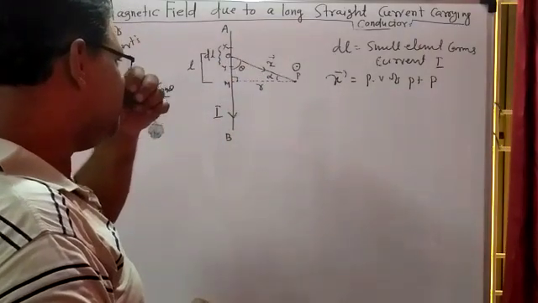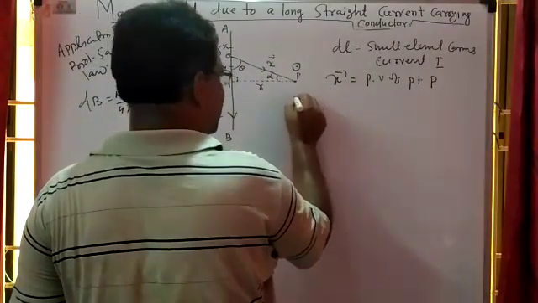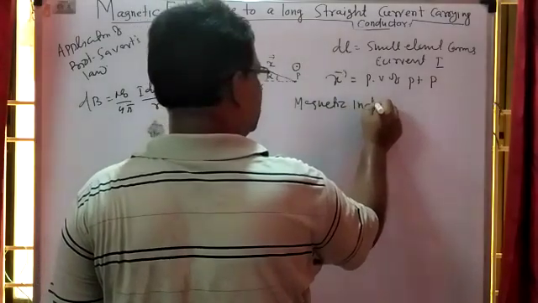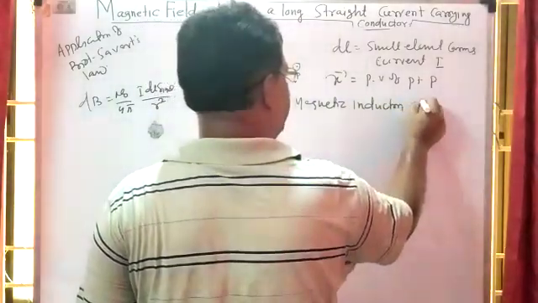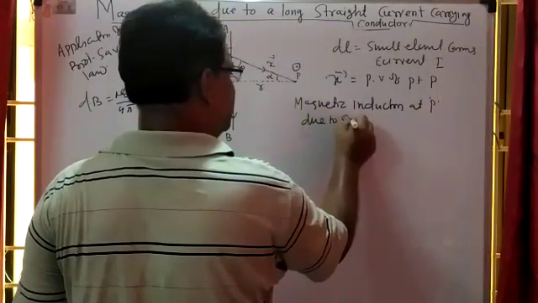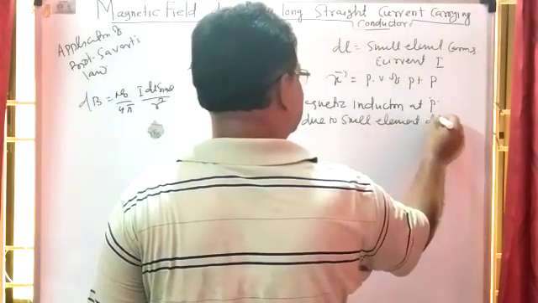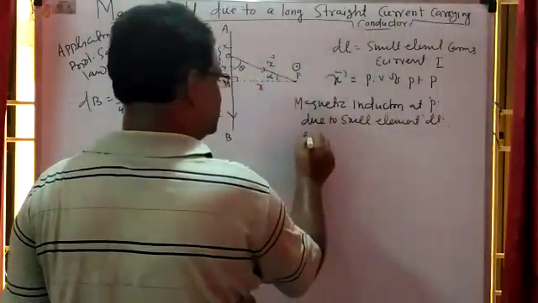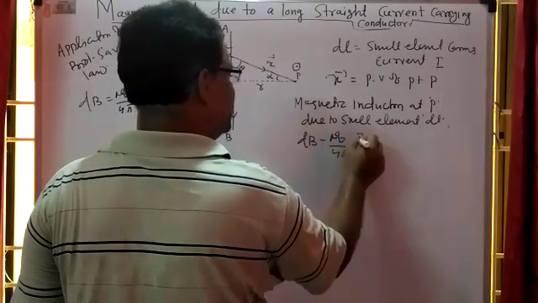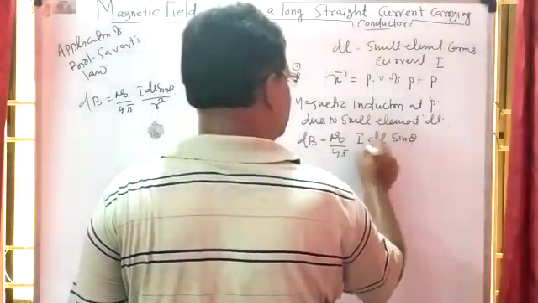Applying Biot-Savart law, the magnetic induction at P due to small element dl is given by dB equal to mu naught by 4 pi I dl sin theta upon x square, where x is the position vector.